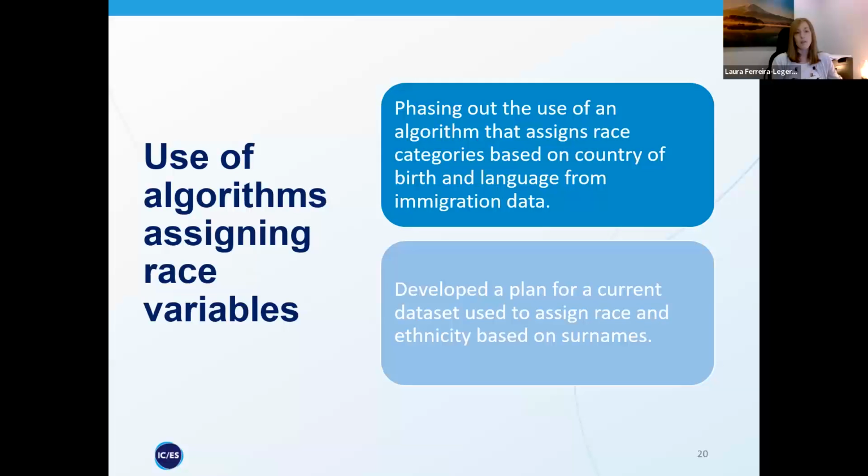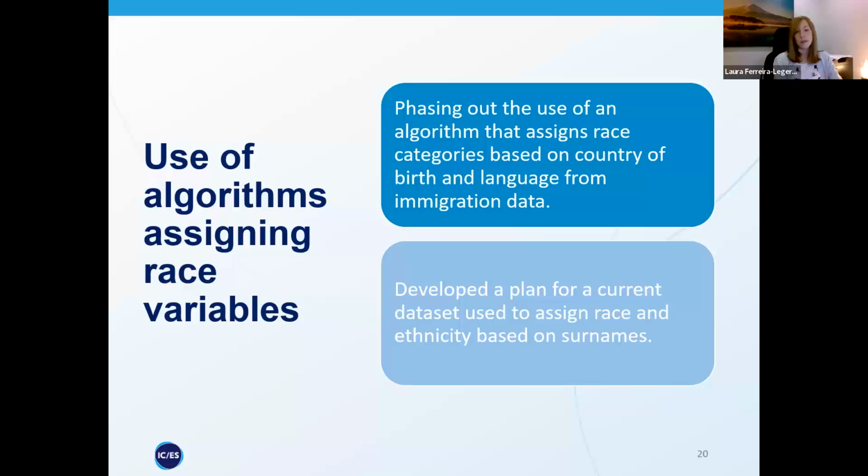In particular, there was one algorithm that we did phase out the use of that assigned race categories based on country of birth and language from immigration data. So essentially there were some concerns related to its use. And we just wanted to make sure that we were being conscious and aware of how race was being assigned. So this was phased out.